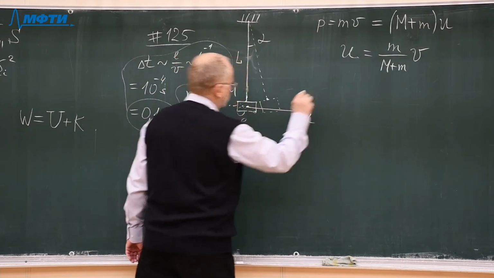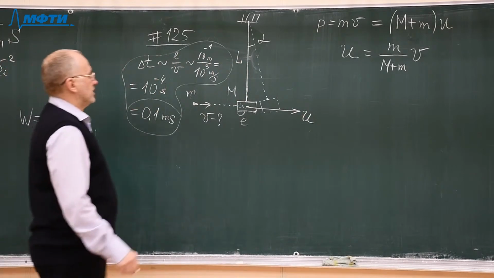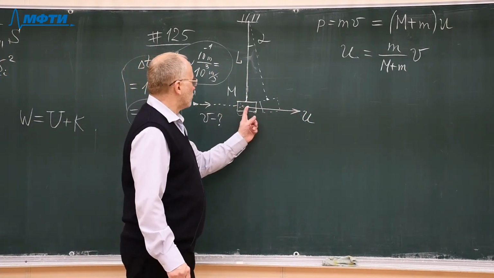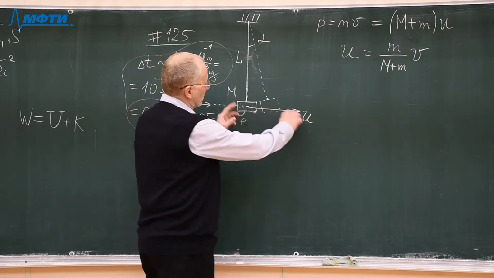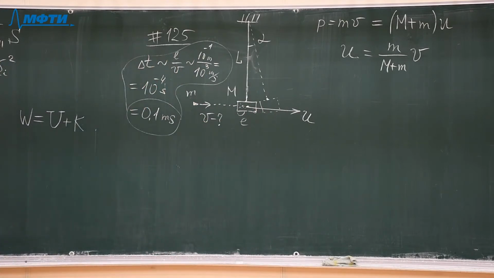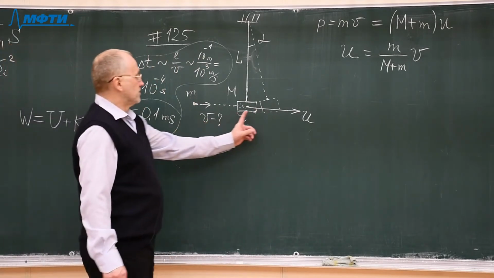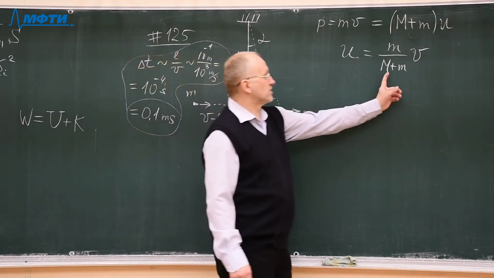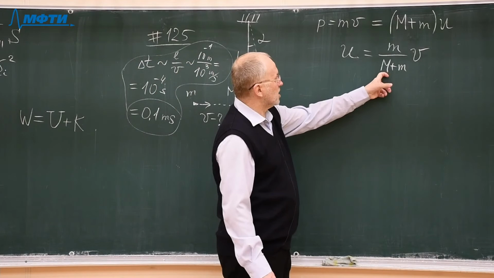I will show it in this way. The initial velocity, well, it's very small, but I draw a long vector so that it will be easier to discuss the situation. Actually, it's very small because the mass of the box is much larger than the mass of the bullet.